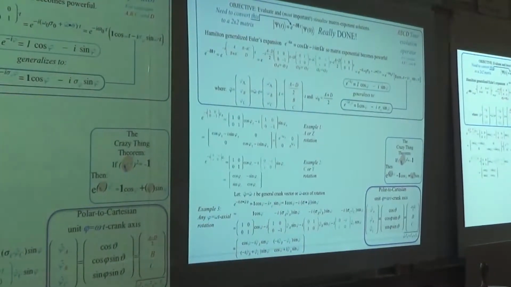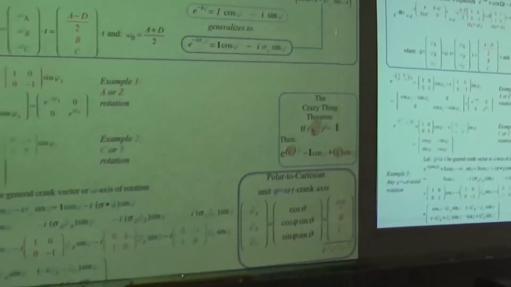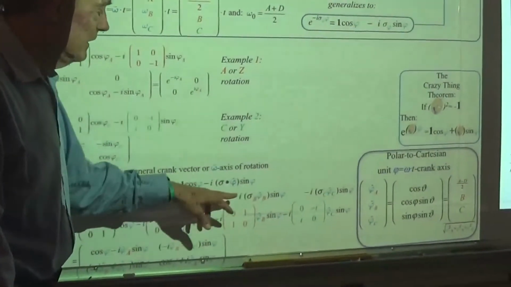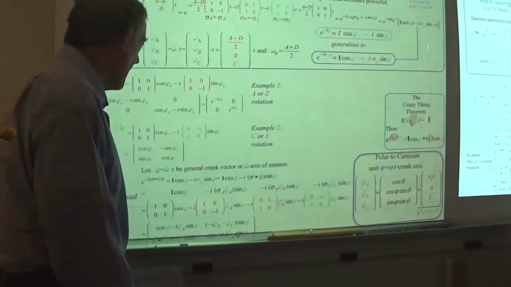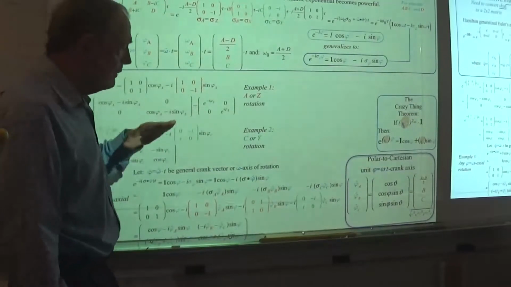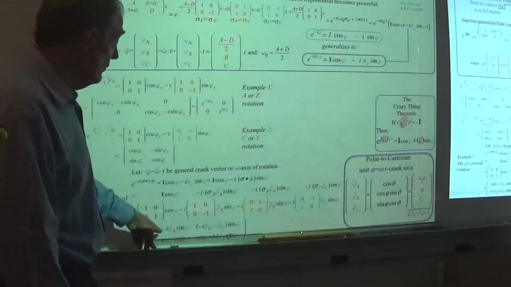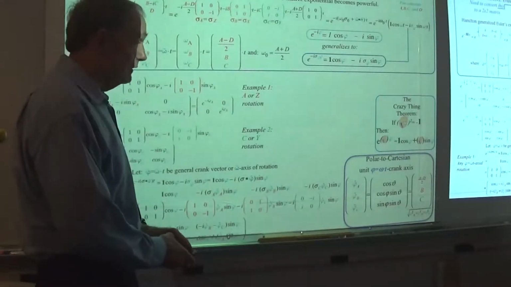We're going to do it for all possibilities, all possible three components making the combinations A, B, and C. So this is what you get. You take a general crank vector that's pointing in any direction, and this is the representation that it's going to give.